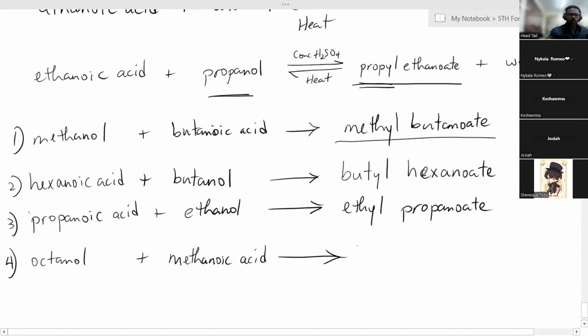What would be the name of yours, number 4? Octyl methanoate. Octyl methanoate is correct. Very good.